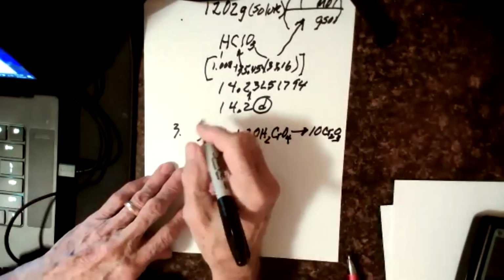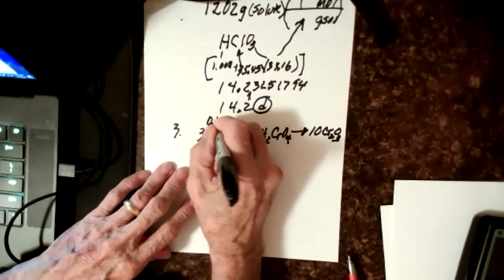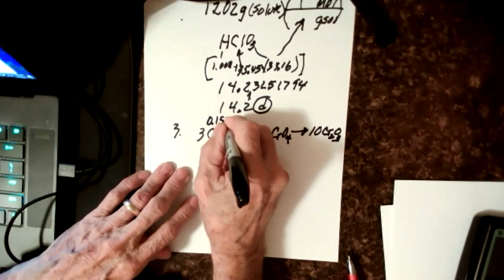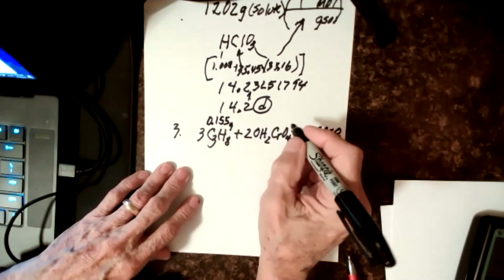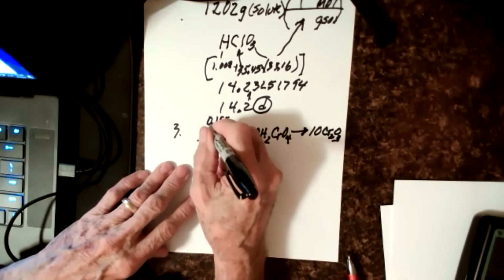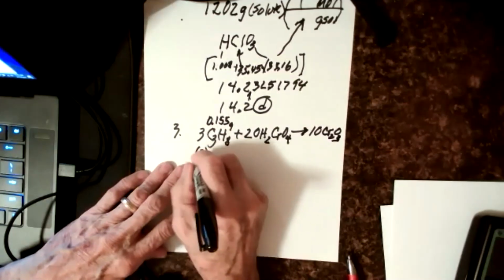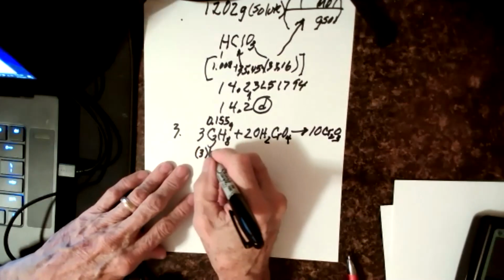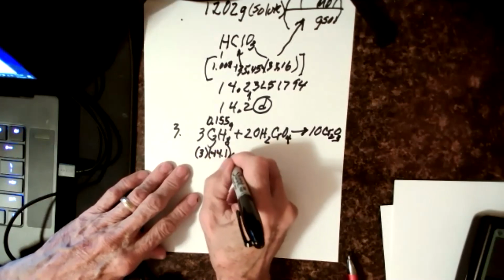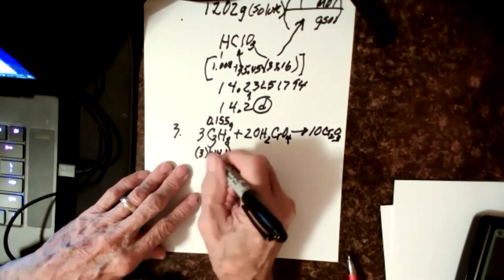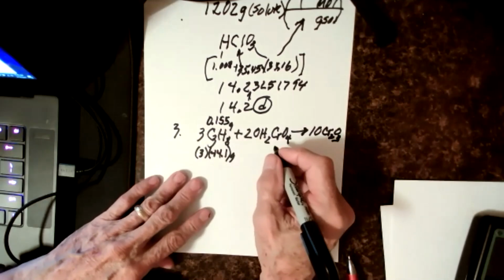And now let's put in the amounts. We have 0.155 grams of propane. I'll just complete this stuff for propane in the balanced equation. We have 3 moles. The molar mass is given in the problem at 44.1. So the number of grams in the balanced equation is 3 times 44.1. That's going to give me one of my rebalancing factors.